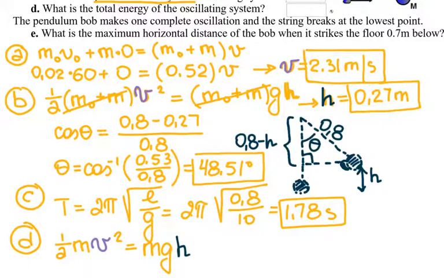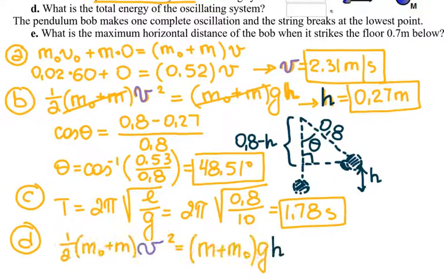So if I plug in my numbers, oh, and the m has to be the mass of both. So here I fixed it, and if I plug in my numbers, I will get the maximum potential and maximum kinetic energy is equal to 1.4 joules. So that's the total mechanical energy in the system.